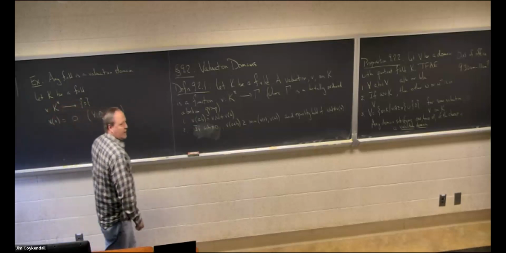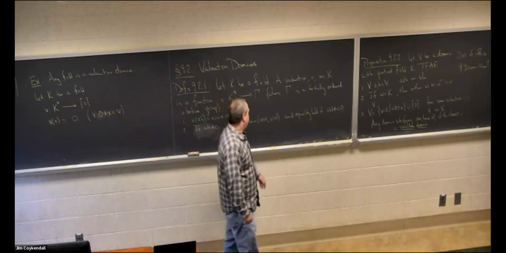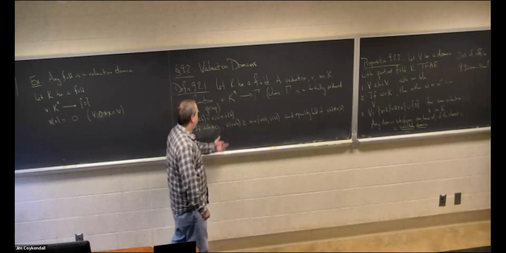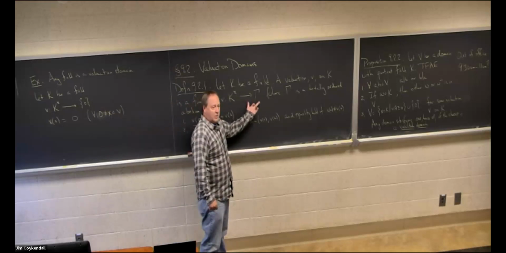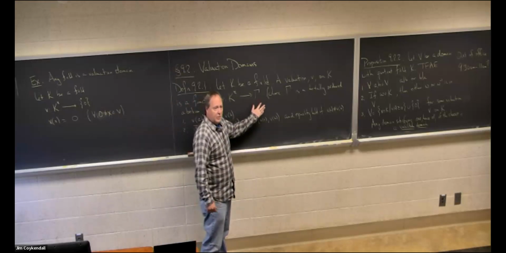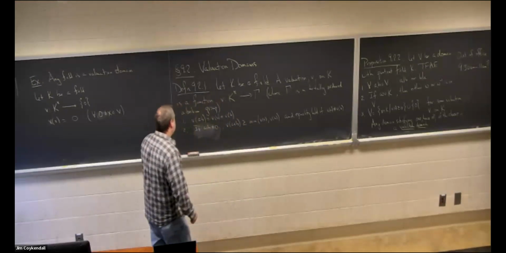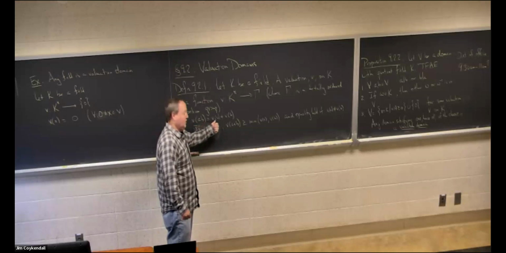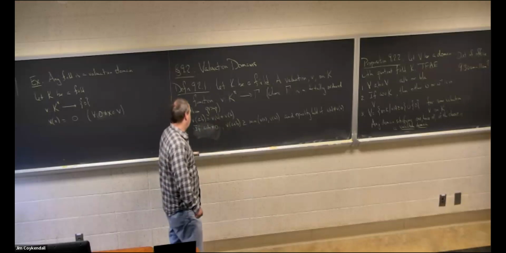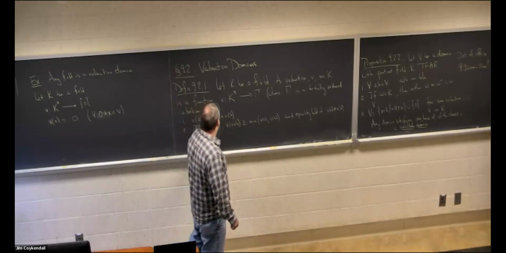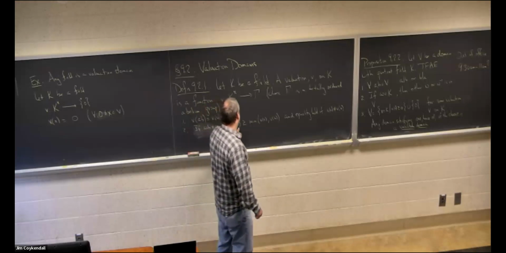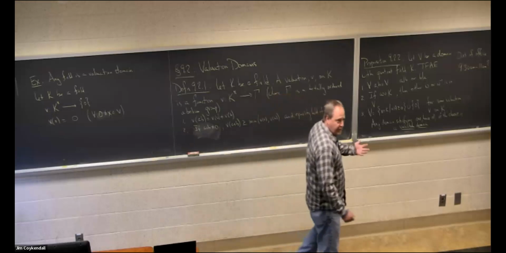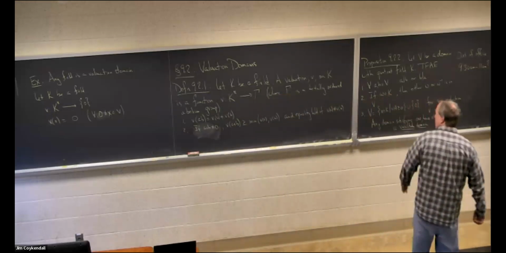Just take every non-zero element of the field, and let its value be 0. Is this a valuation? Well, it certainly is a function into a totally ordered abelian group, because the trivial group is certainly totally ordered. The value of AB is still 0, which is 0 plus 0, no problem there. And for A plus B, the value is 0, which is greater than or equal to the minimum of 0 and 0, so this works, right?